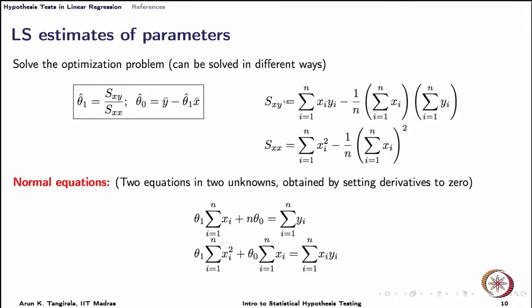Even if it is not, for a fixed x, theta hat derives its randomness from y. So, if you look at the expression for Sxy, it is nothing but a linear function of the observations. Therefore, if y has Gaussian distributed errors, a linear combination of Gaussian distributed errors is what is going to creep into theta hat, and we know that a linear combination of Gaussian distributed errors is also going to be Gaussian.